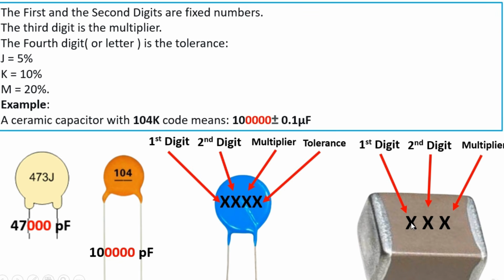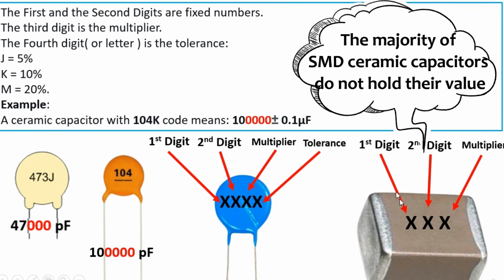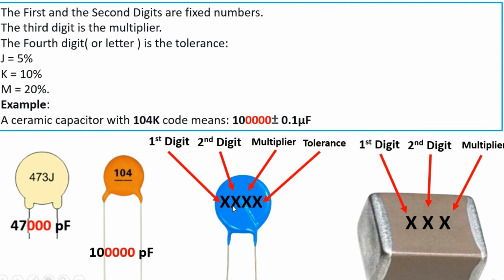We have three digits here, so always the first digit, the second digit, and the third is the multiplier. But if we have four digits, the first digit, the second digit, the multiplier is the third digit, and the fourth digit is the tolerance. This digit has to be J, K, or M.